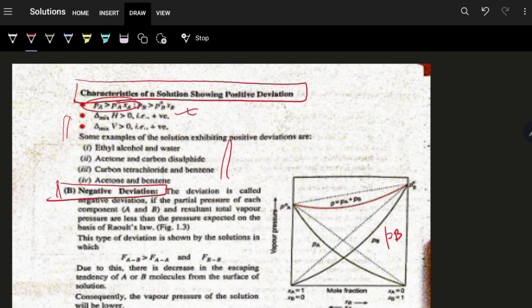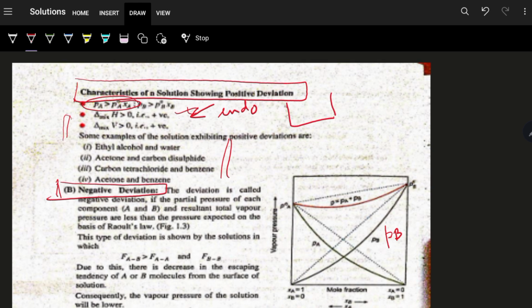And when I say delta H mix is positive, that means endothermic. If it is negative, it means exothermic. So delta V mix is greater than 0, that means positive. The volume will increase when you have added A and B.